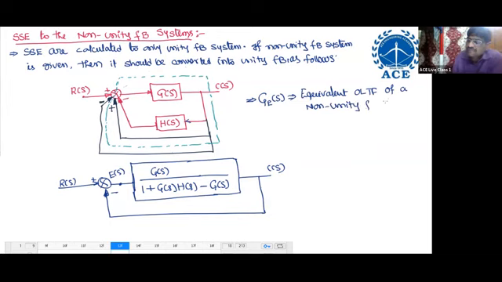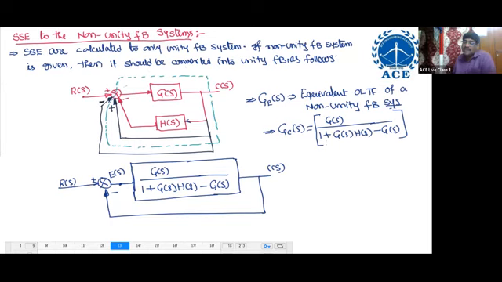That means GE of S equals G of S by 1 plus G of S H of S minus G of S. And H of S is 1.